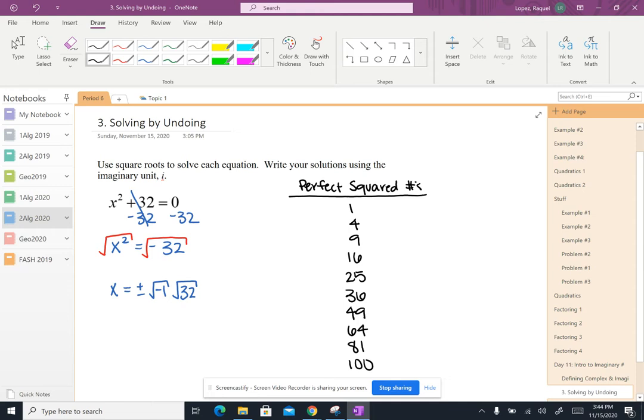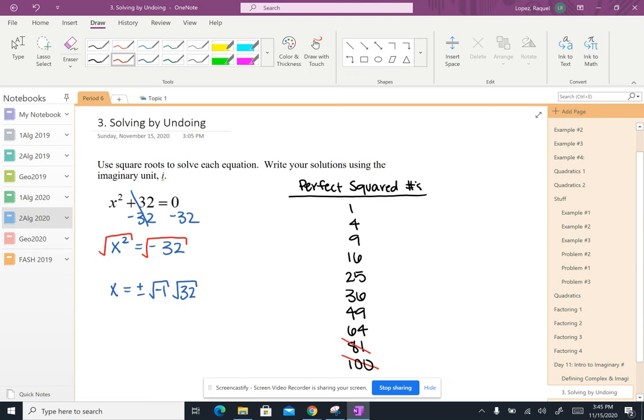But one thing we can do is simplify the square root of 32. That's where our list of perfect square numbers is going to come in handy. I'm going to see which one of these perfect square numbers nicely divides 32. I like to start from the very bottom of my list and work my way up. So for example, 32 divided by 100 is not going to give me a nice number.